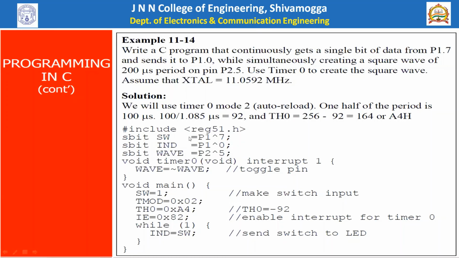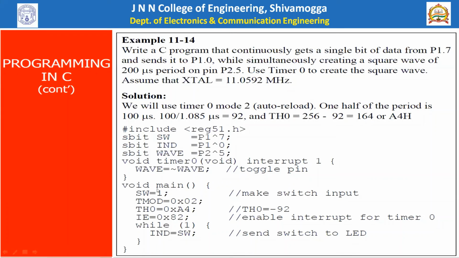So now SW is a variable which is assigned to P1.7, IND is a variable for P1.0, and wave is a variable for P2.5. Now we are writing an ISR which generates a square wave. So we will always write wave equals not of wave, so it will simply toggle.